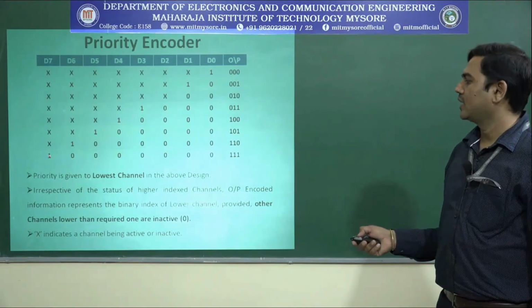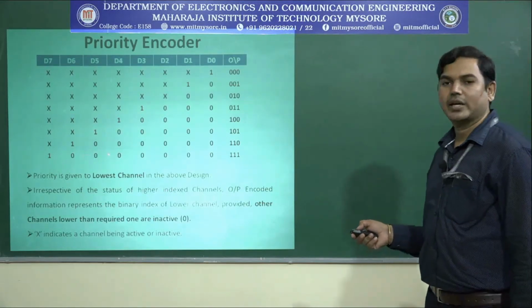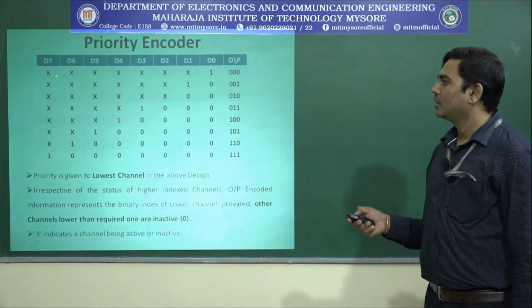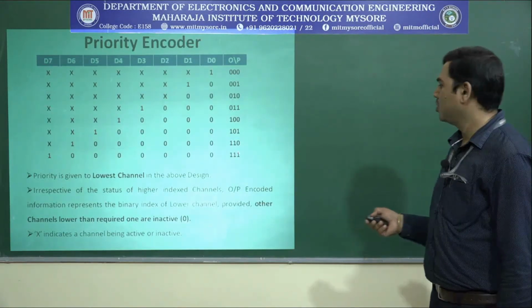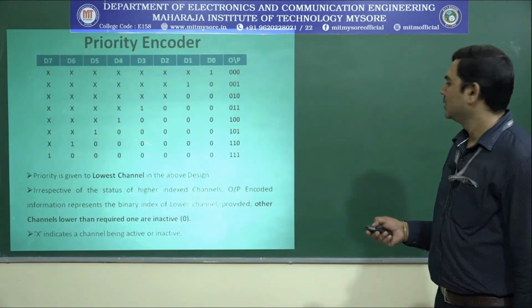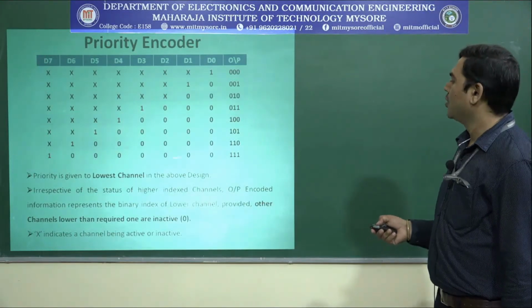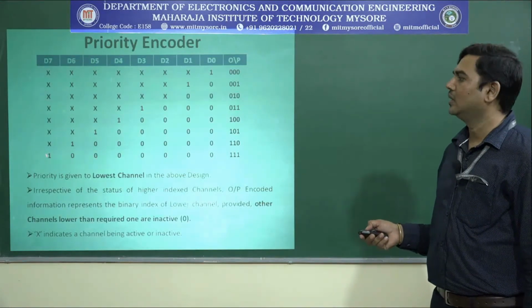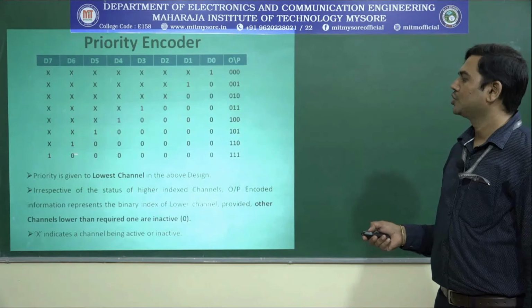Let us try to understand the last row, because here we can find no don't cares. What is this indicating? If the encoder should output or select D7, all the channels with a lower index than 7 should be off.